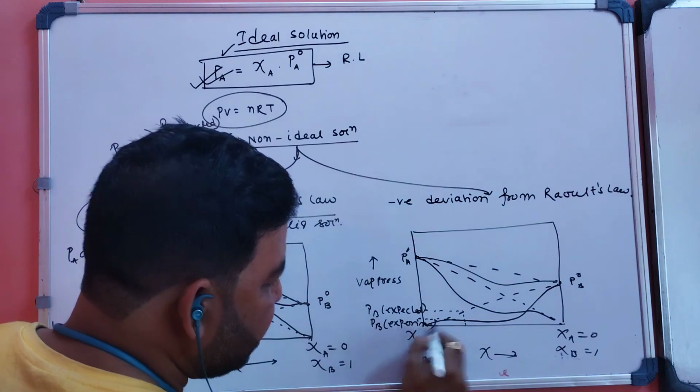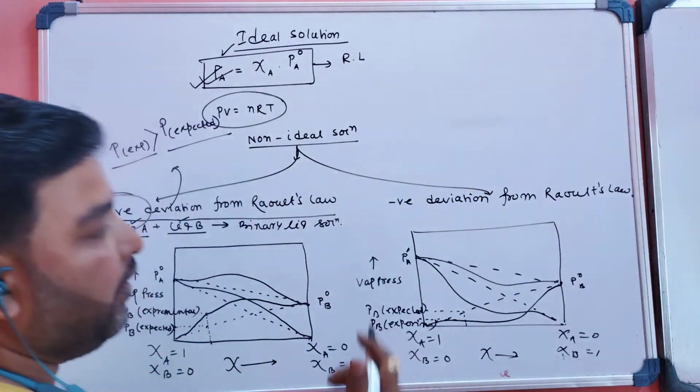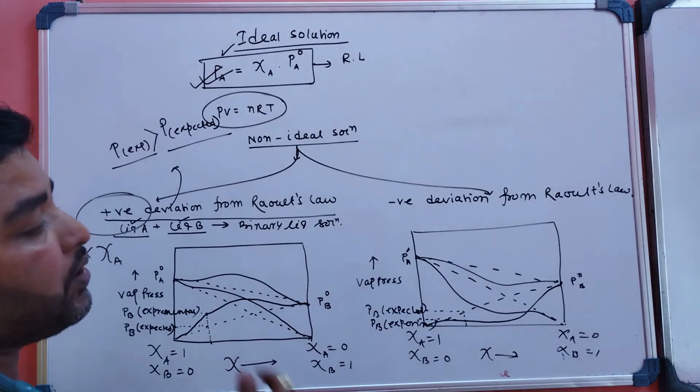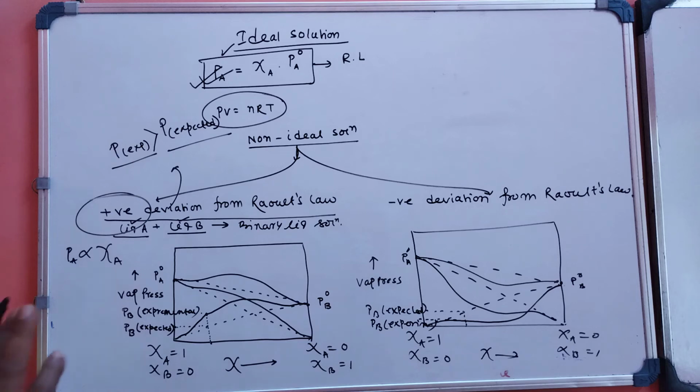So when the observed vapor pressure is lower than the vapor pressure expected from Raoult's law, then the solution is a non-ideal solution, and it shows negative deviation from Raoult's law.